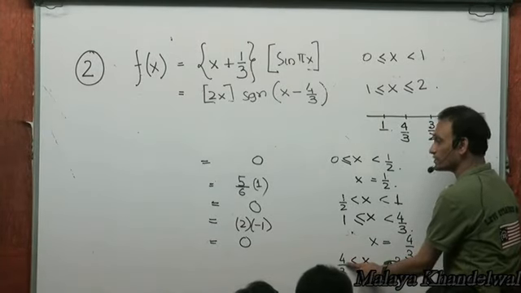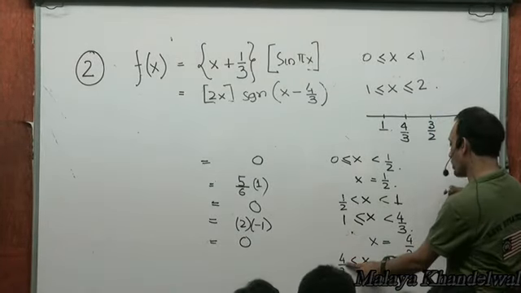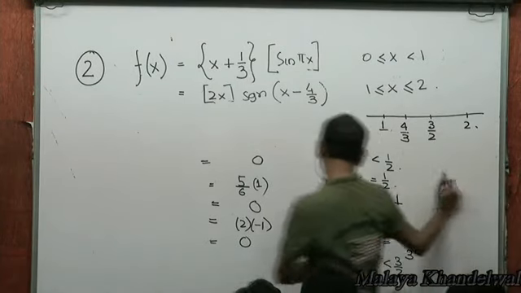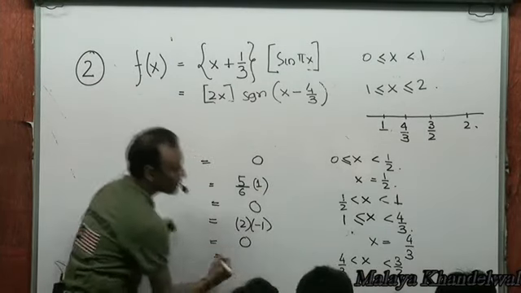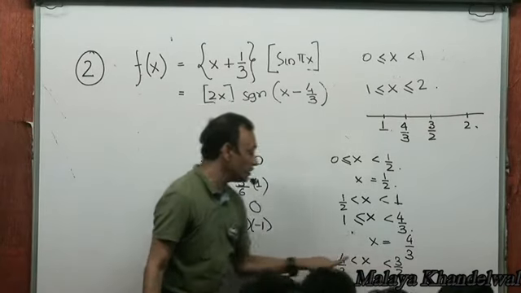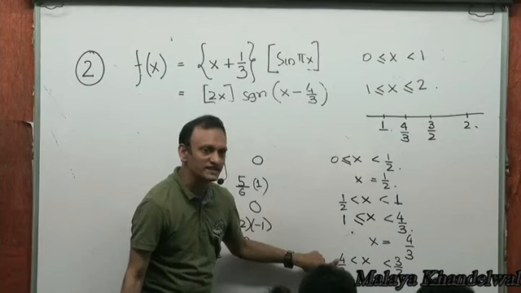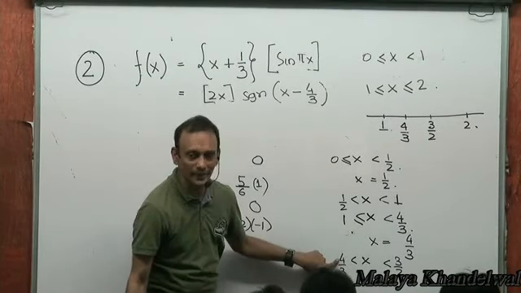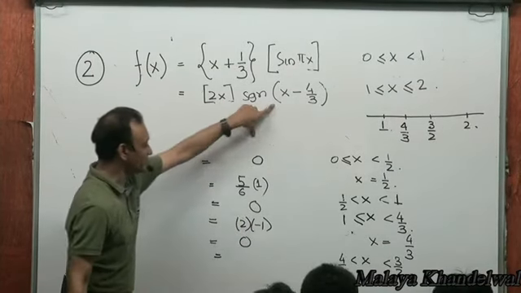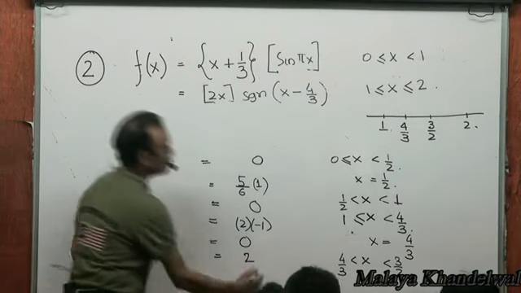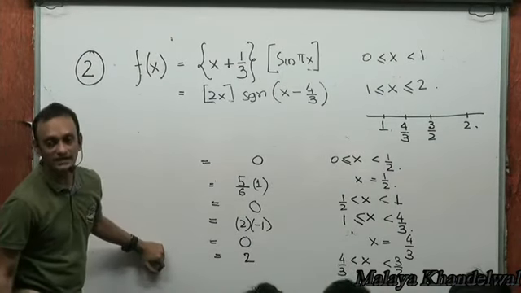Yes or no? So box of 2x will still be 2. When x is in this interval, 2x will be less than 3 but greater than 2.67. So box of 2x will be 2 and this will be 1. So this will turn out to be 2 for x greater than 4 by 3 but less than 3 by 2.